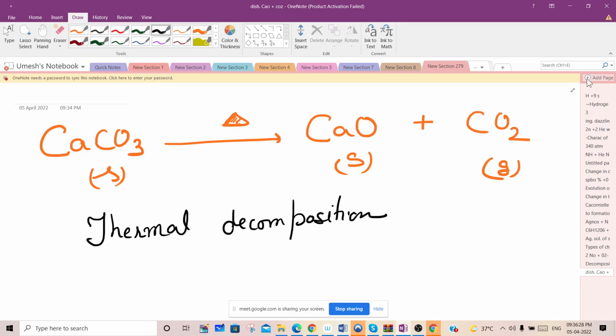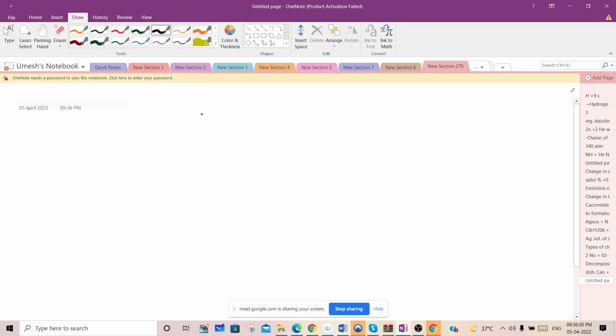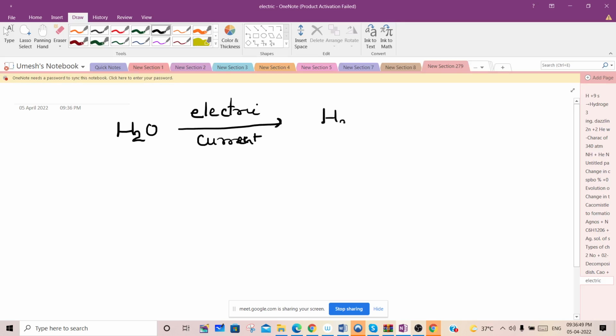Understood? Yes or no? Yes, sir. I have water here, and now here I'm passing electric current. It decomposes to give H2 plus O2. It is decomposing, but in the presence of electricity.